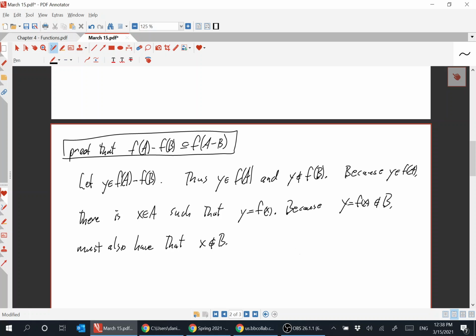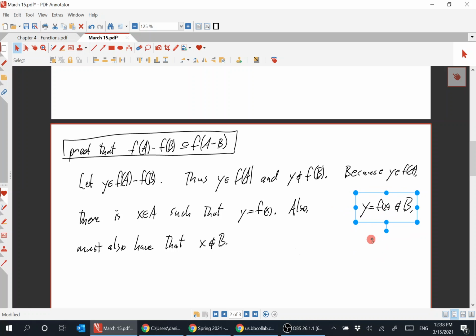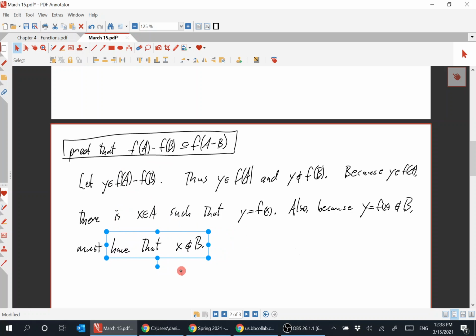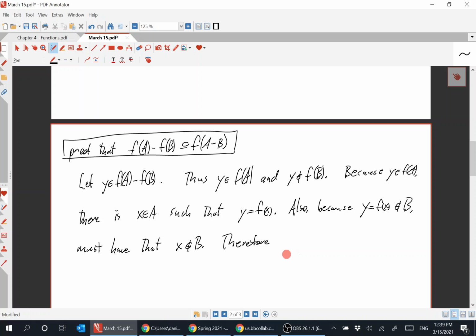But what I wrote here isn't really a sentence, is it? You have to have something. Also, comma, because... Now it's better. We must have that x is not in B. Therefore, where does x live?